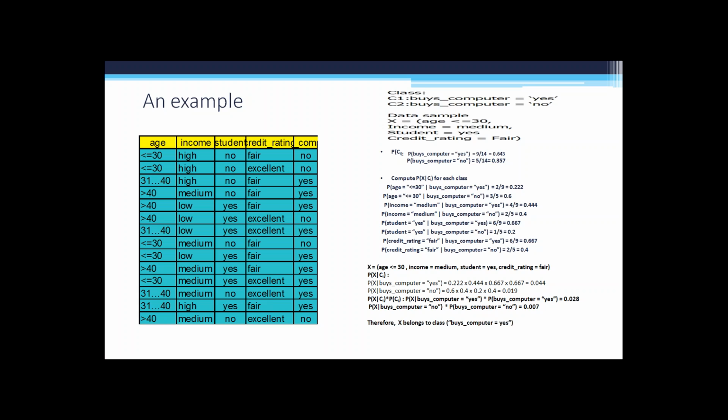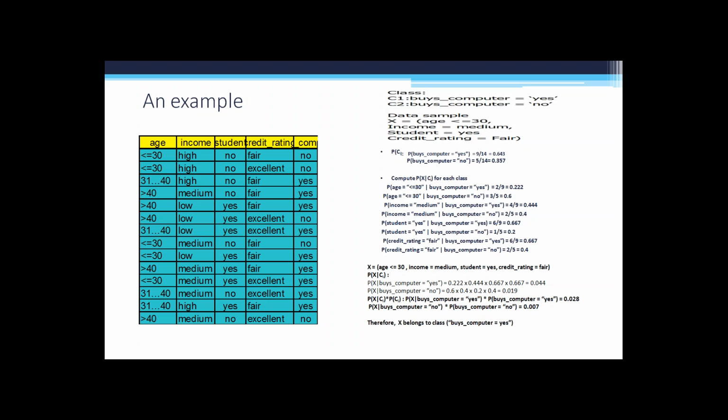You have already computed the conditional probability of each of these variable values, which is age less than or equal to 30, income equal to medium, student equal to yes, or credit rating, for each of the classes, given yes or no. So let's look at the probability that this particular instance buys a computer.